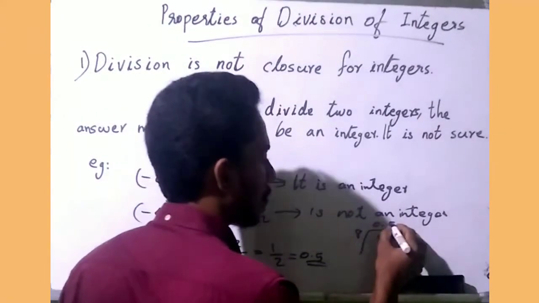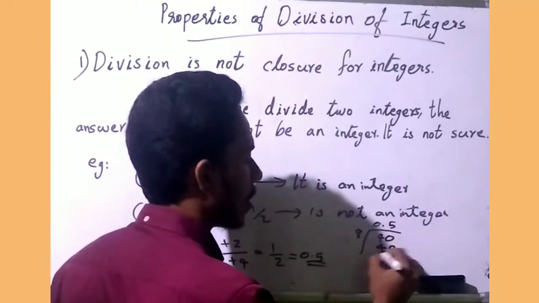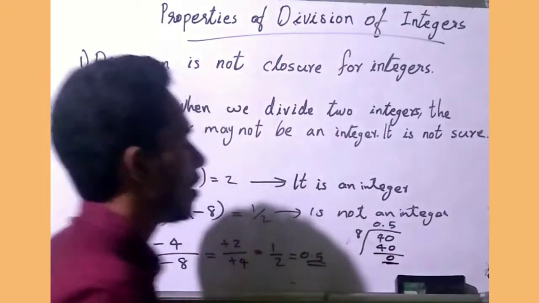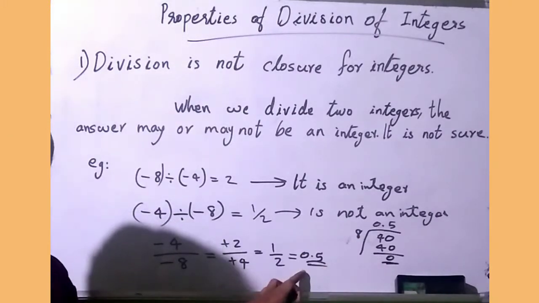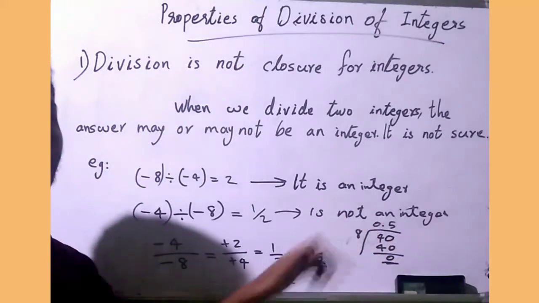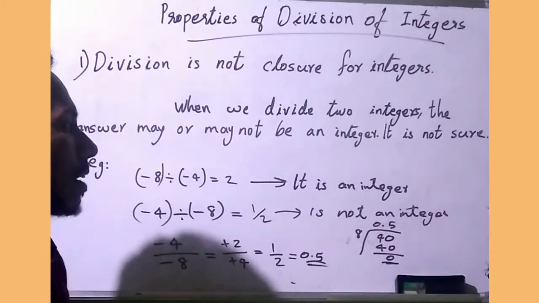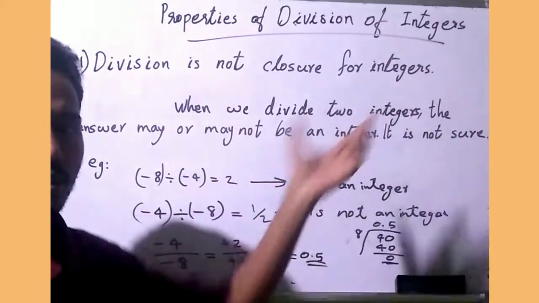There are five 8s. 5 times 8 is equal to 40. The answer is 0.5. That is the method to find this 0.5. It is not an integer, it's a point value. That is why we say that division is not closure for integers.